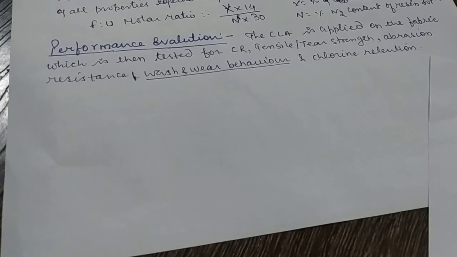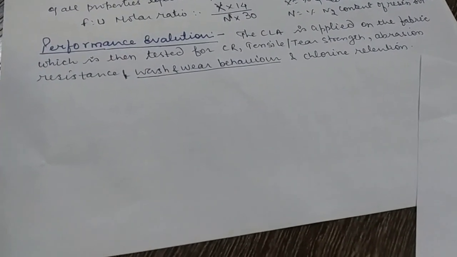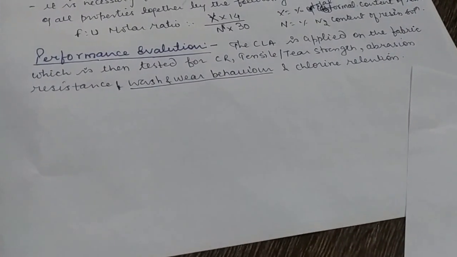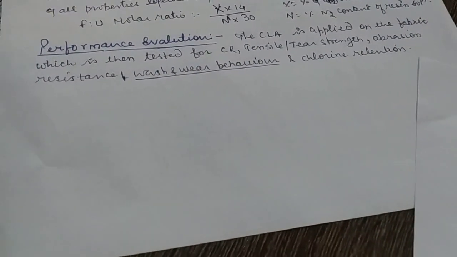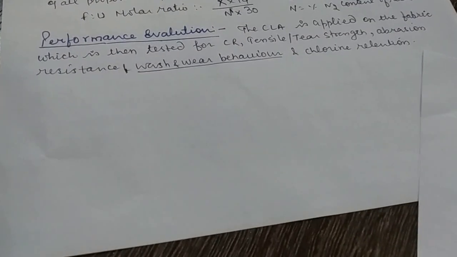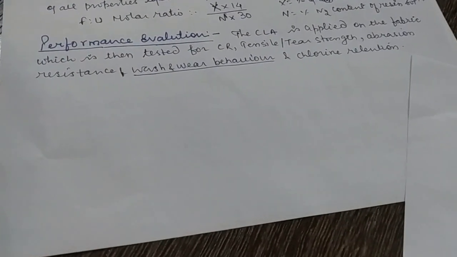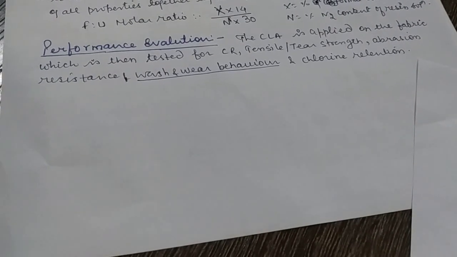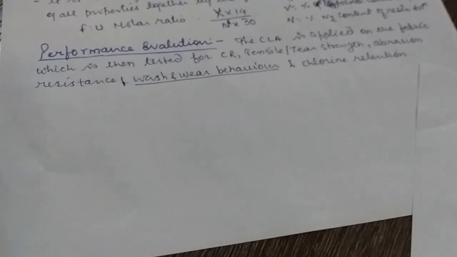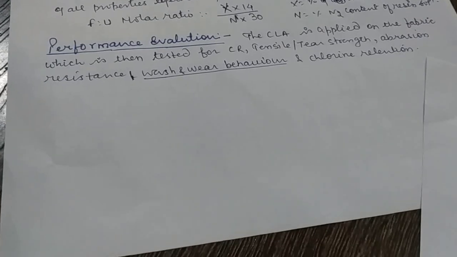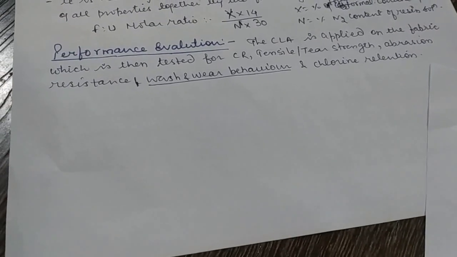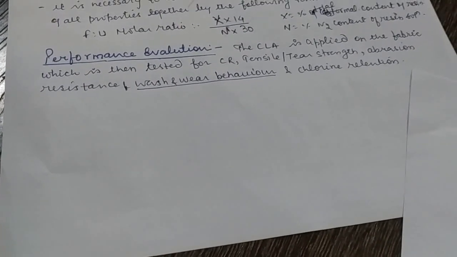The performance of the cross-linking agent can be assessed by applying it on the fabric surface, as recommended by the supplier of the cross-linking agent, that is, under the proper conditions of application.